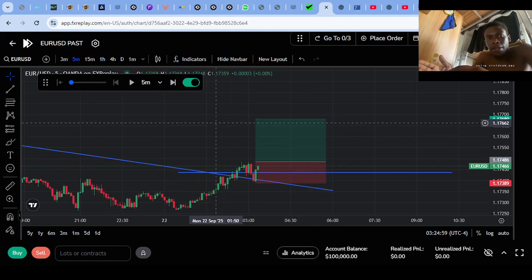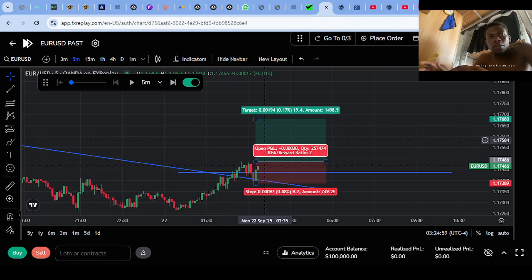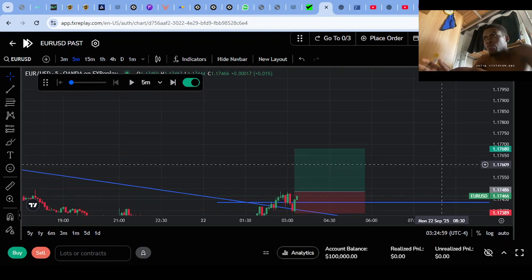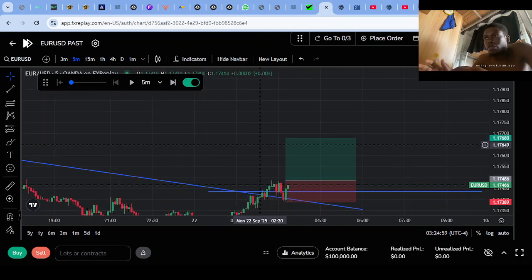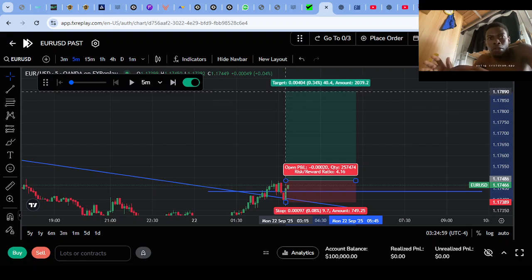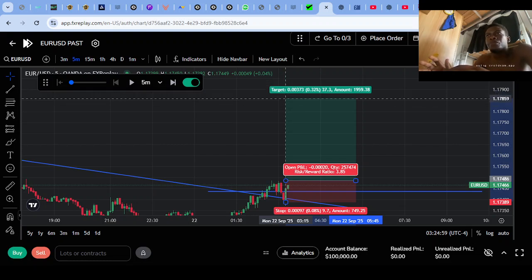I back tested this strategy, so I know how it works. If you want to make money with this, you want to target at least 2R or more. For me, 2R is good. You could go 3R too, you can go 4R, whatever you want to target.